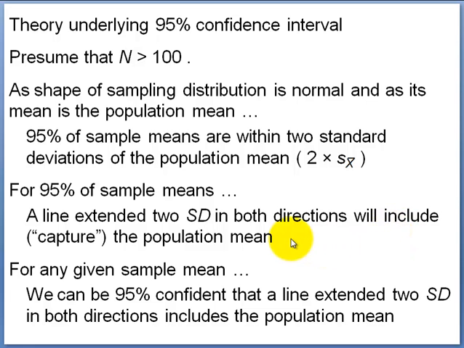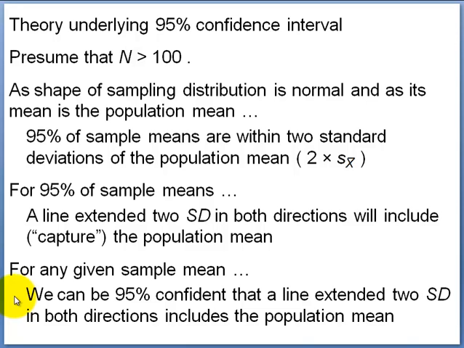This is just common sense following from the prior point. If 95% of the means are within 2 standard deviations, then for 95% a line extended 2 standard deviations in both directions will, so to speak, capture the population mean.